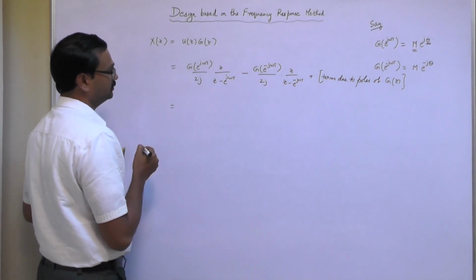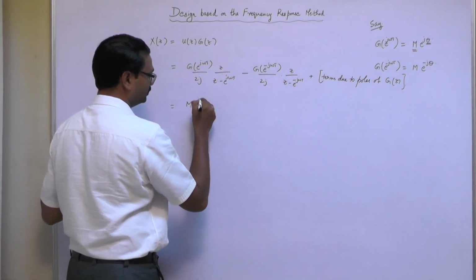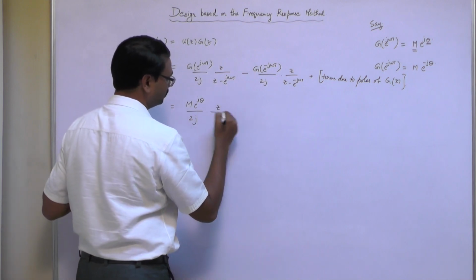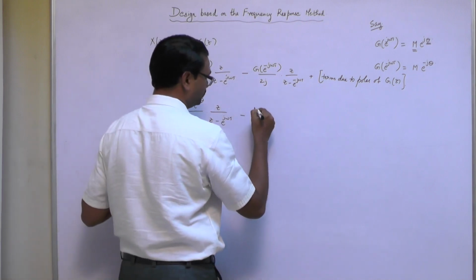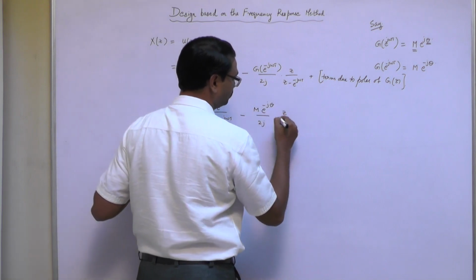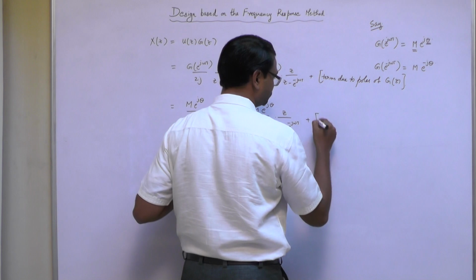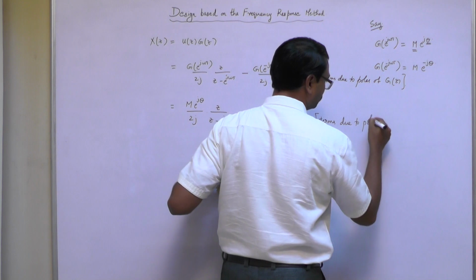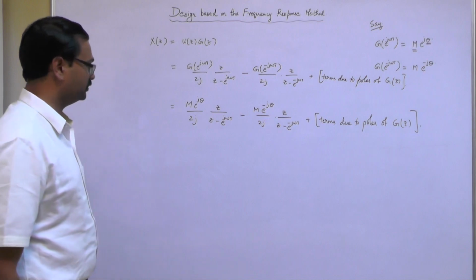So here, M e^(jθ) by 2j into z by z minus e^(jωT), minus M e^(−jθ) by 2j into z by z minus e^(−jωT), plus terms due to poles of G(z).